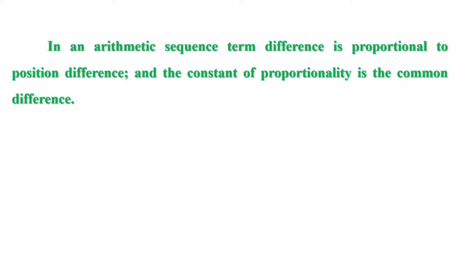So the difference between any two terms is always a multiple of common difference. We can use this idea to check whether a particular number is a term of an arithmetic sequence or not.